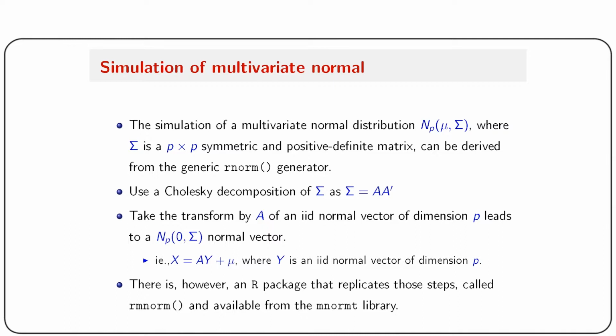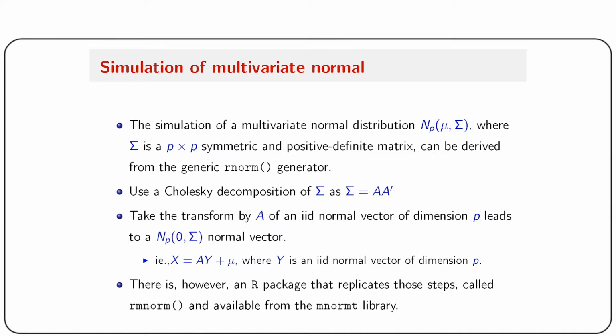For that you have to use the Cholesky decomposition of sigma as sigma equals AA prime. Taking the transform by A of an IID normal vector of dimension P leads to a normal(0, sigma) vector. That is, if we write capital X equals A into capital Y plus mu, where capital Y is an IID normal vector of dimension P.